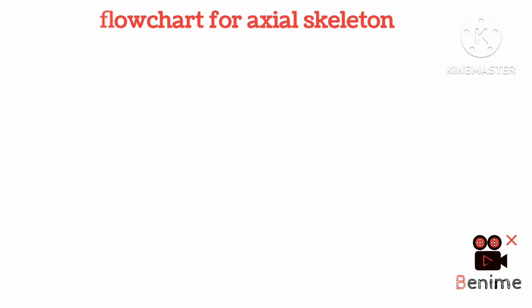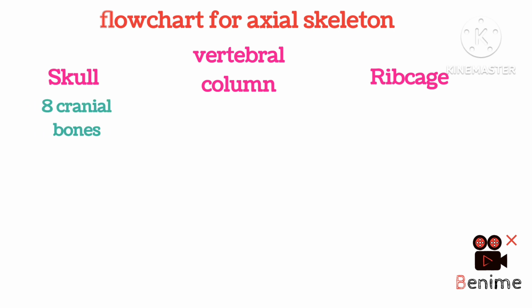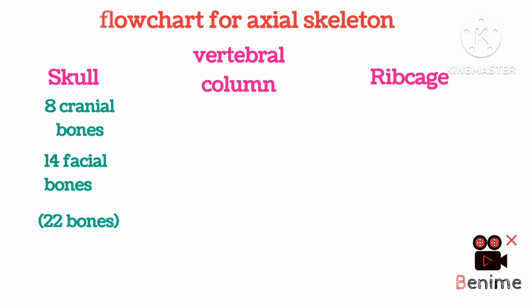Flowchart for axial skeleton. The skull, vertebral column, rib cage. Skull has 8 cranial bones, 14 facial bones, total 22 bones.